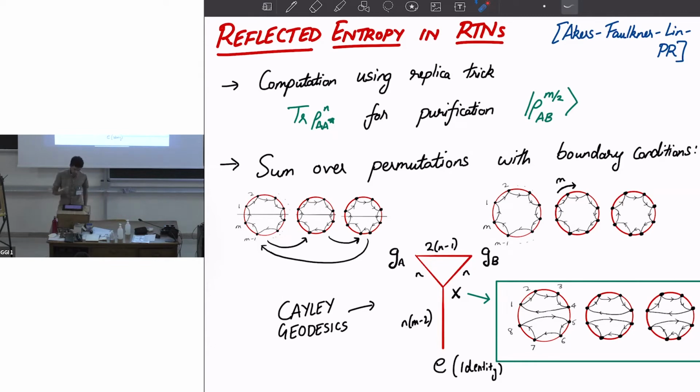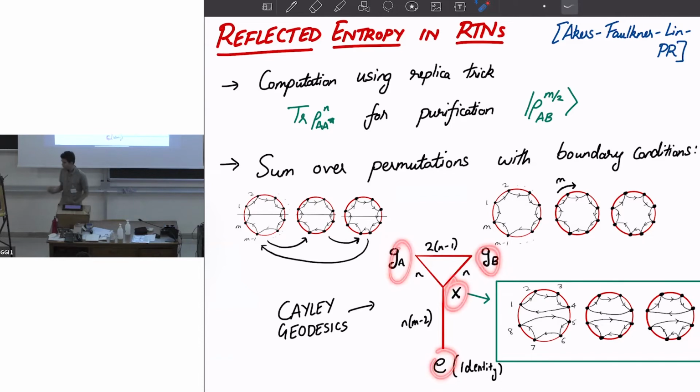Note that in the gravity calculation, the argument that was being used depended on using these GA, GB, and E type gluings. The gluings that were motivated by this Engelhardt wall construction and so on were only this limited class of saddles.